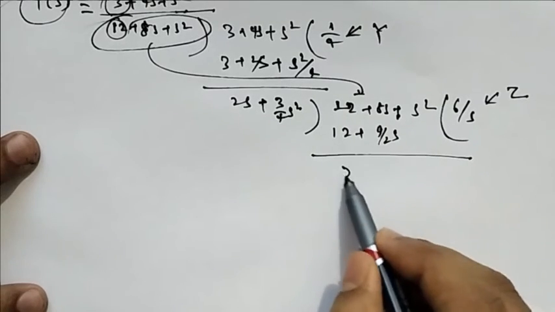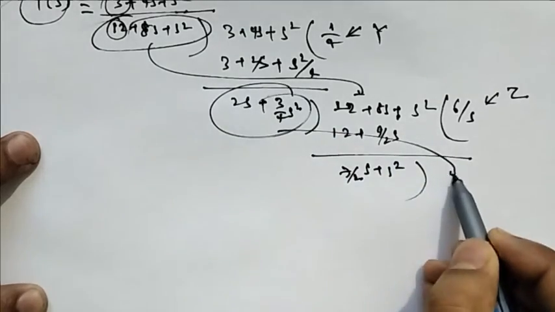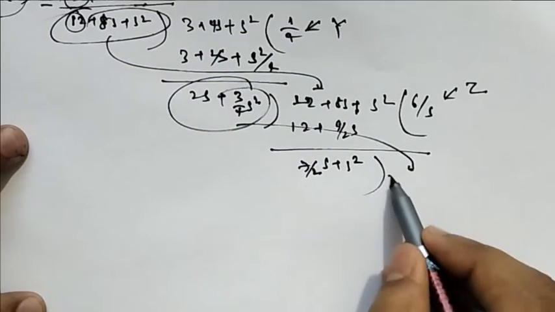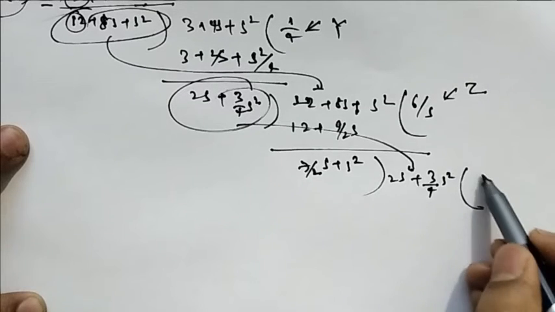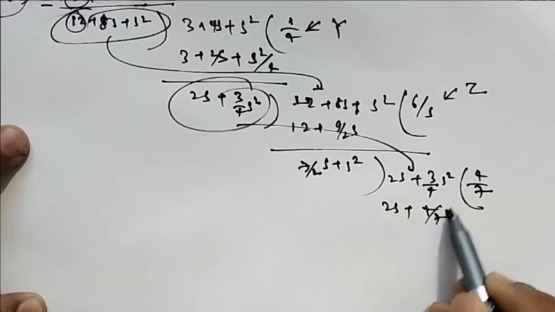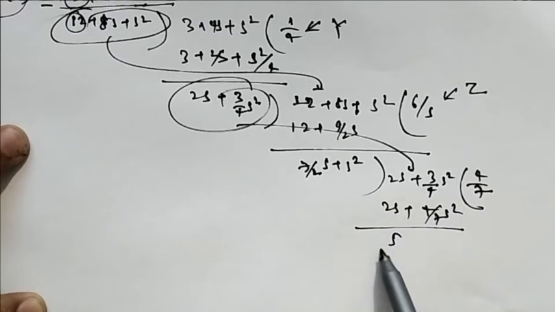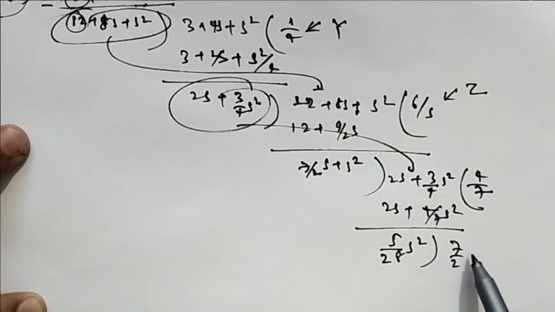Now what we are going to get, 7/2s plus s square, and this is going to reappear here. Now if this reappears, 2s plus 3/4s square, and it is going to be 4/7, and 2s plus 4/7 s square, it is going to be 5/28 s square, and it is going to be 7/2s s square.